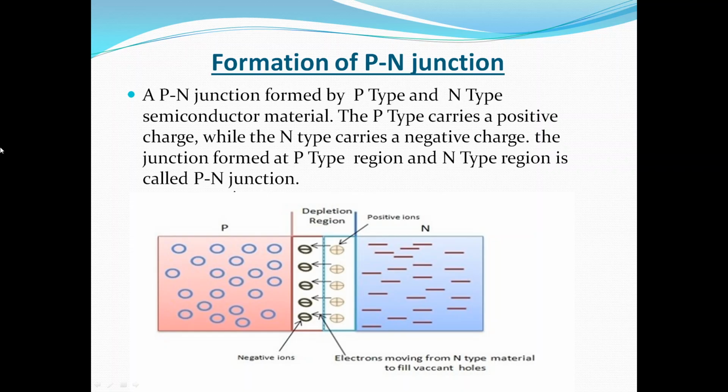Okay, so students, see here, this is your p-type. P-type means what? Carriers, and this is your positive charge. This side is your positive charge, and this is your n-type. N-type means what? Negative charge. When they are combined together, it is called the formation of the PN junction. Is that clear?